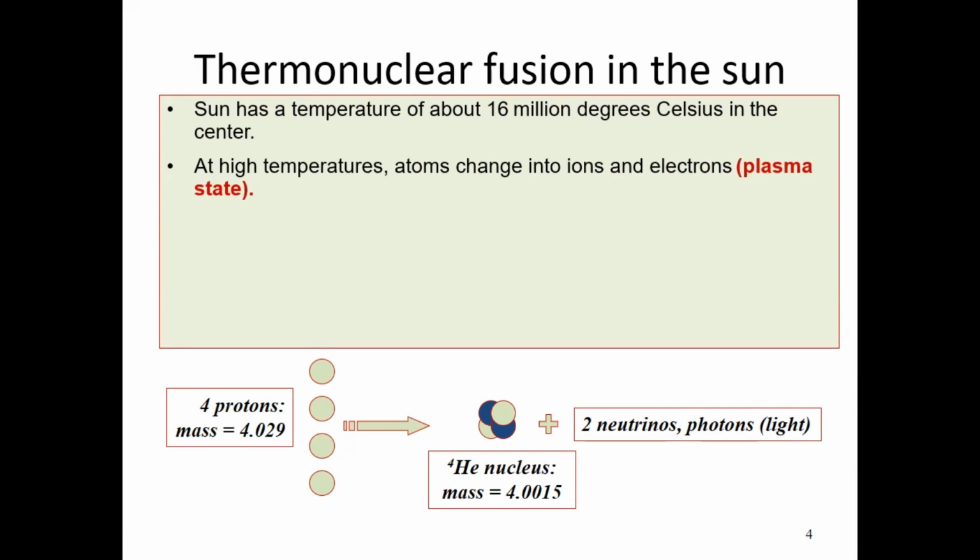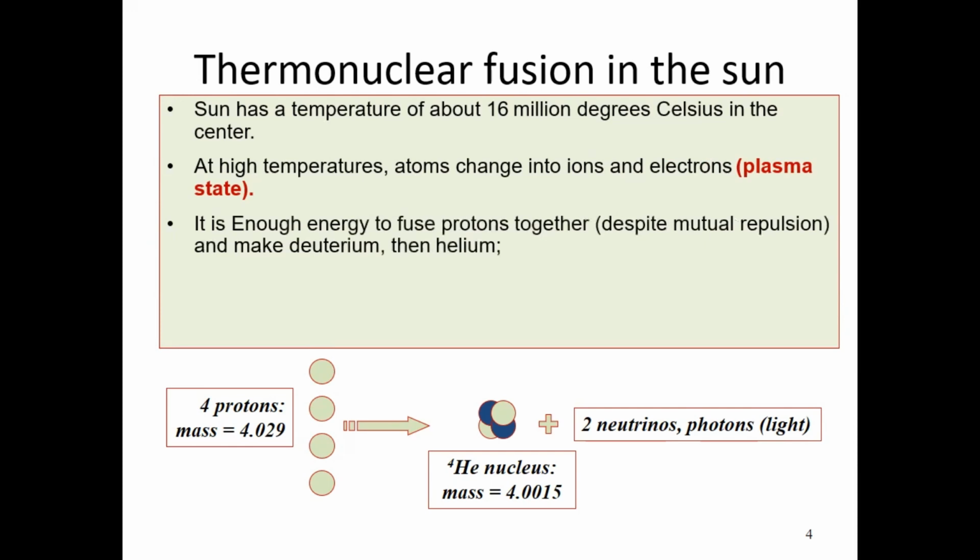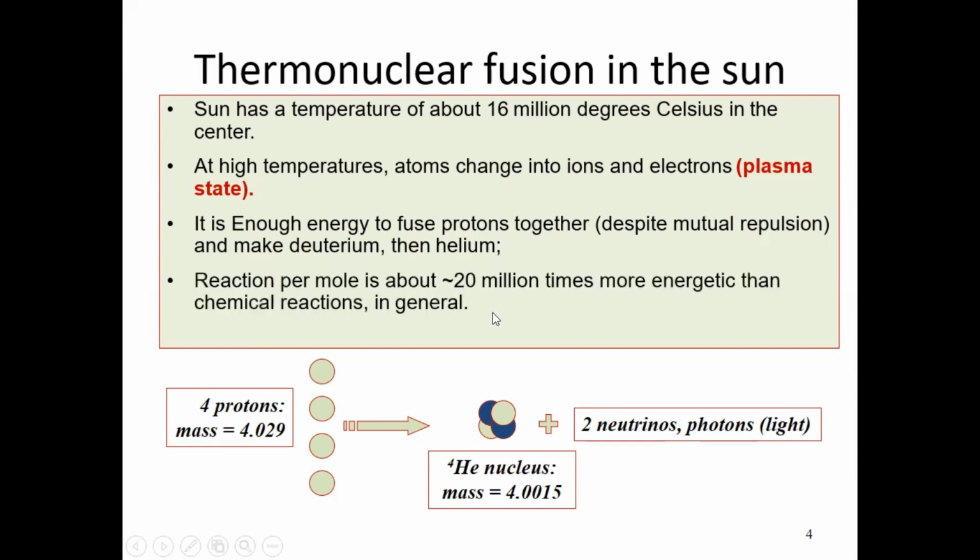The state is called plasma state, and it is enough energy that these protons will fuse together despite their mutual repulsion due to the Coulomb force, and then can convert them into deuterium and then eventually to the helium. Reaction per mole is about 20 million times more energetic than chemical reactions.